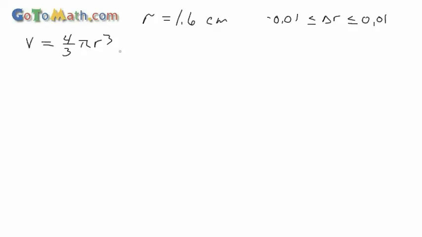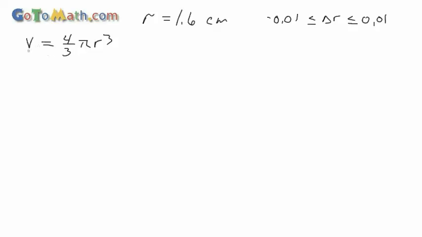Now we want to approximate the propagated error in the volume, and therefore we're going to be differentiating V to obtain dV over dr. So we want to take the derivative of this.